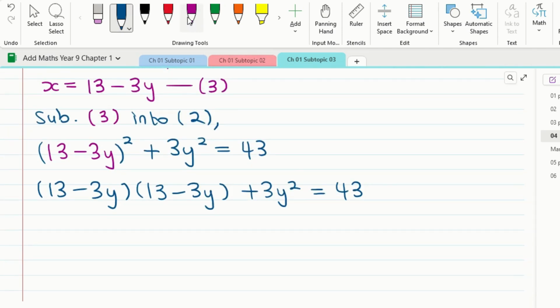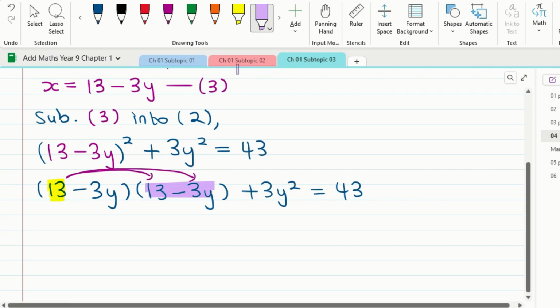Here I believe that at this point you have learned how to expand double bracket expressions, so you are somehow familiar. If you're not familiar yet, this is how you do expansion for a double bracket expression. 13 in the first bracket must be multiplied with both terms in the second bracket.